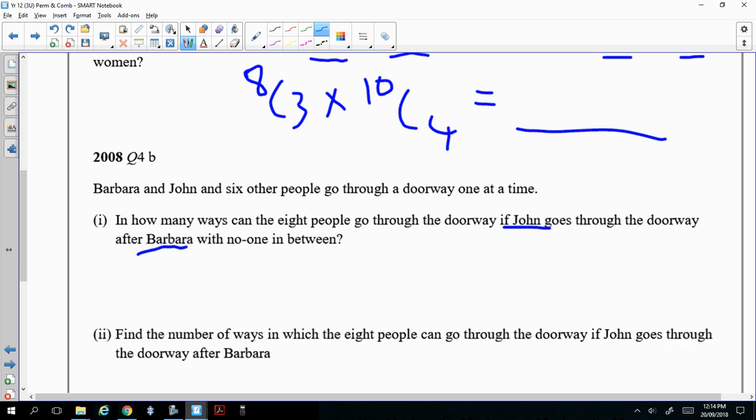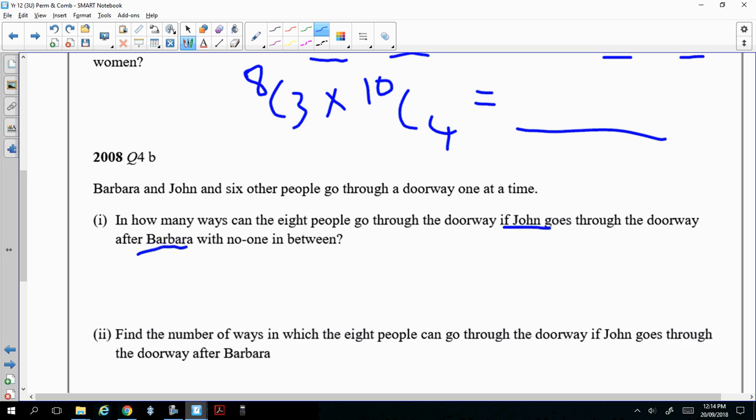Anyone want to volunteer before I ask someone? Okay, I'm going to select 7 factorial. Yes, because 2 are together, but then you make sure John goes after Barbara, so you can't times it by 2.